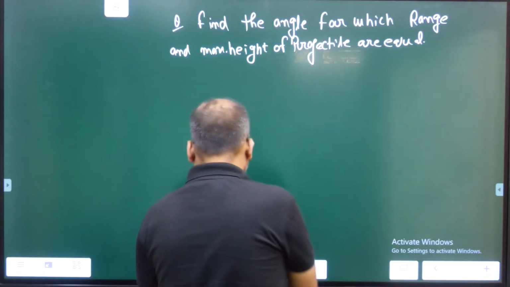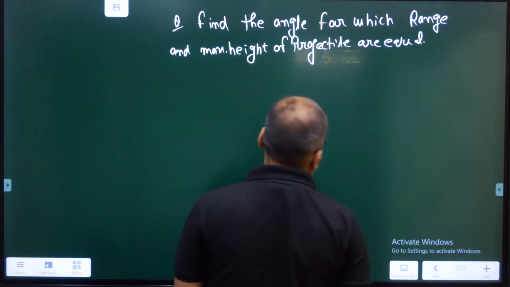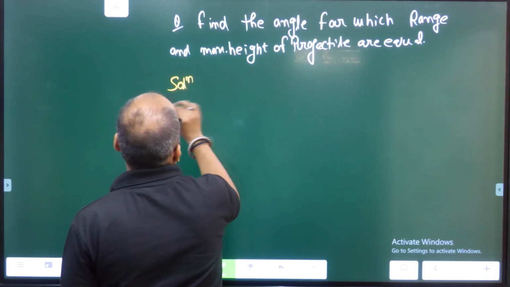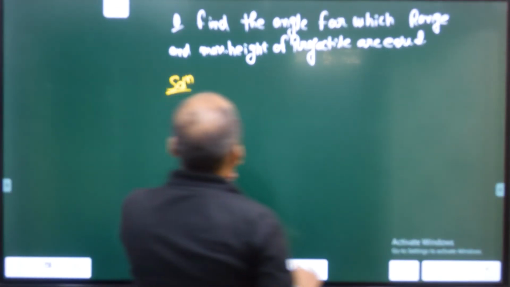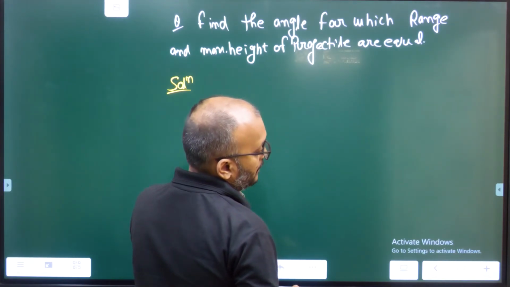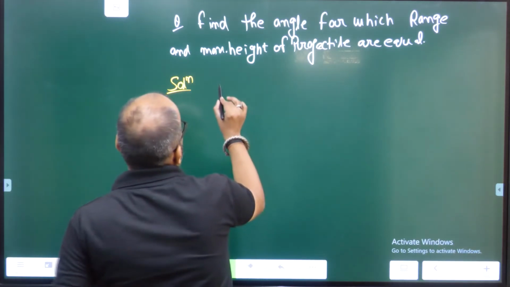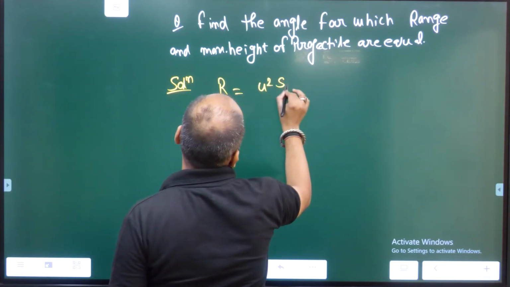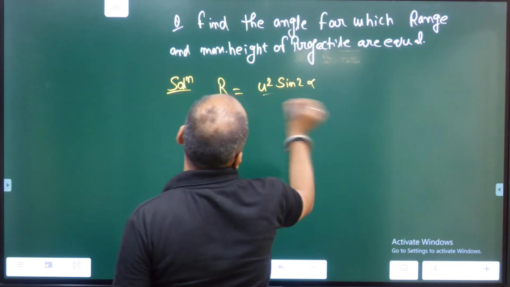Okay, please see. It is saying that find the angle for which range and maximum height of the projectile are equal. So what is the formula for range? u square sine 2 alpha upon g.